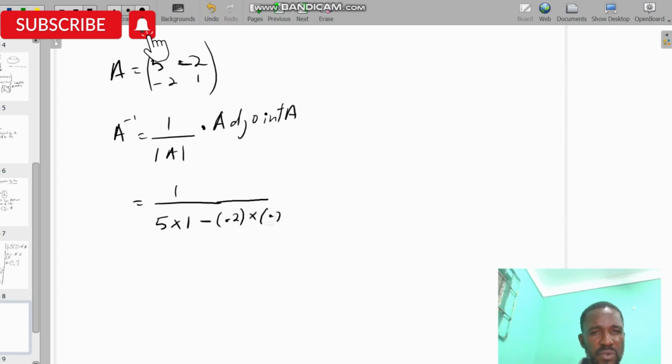And remember, in finding the adjoint, we interchange the positions of the leading diagonal, so this becomes 1, 5, and the signs of the non-leading diagonal are changed, so the negative 2 becomes a positive 2, and the other negative 2 becomes a positive 2.